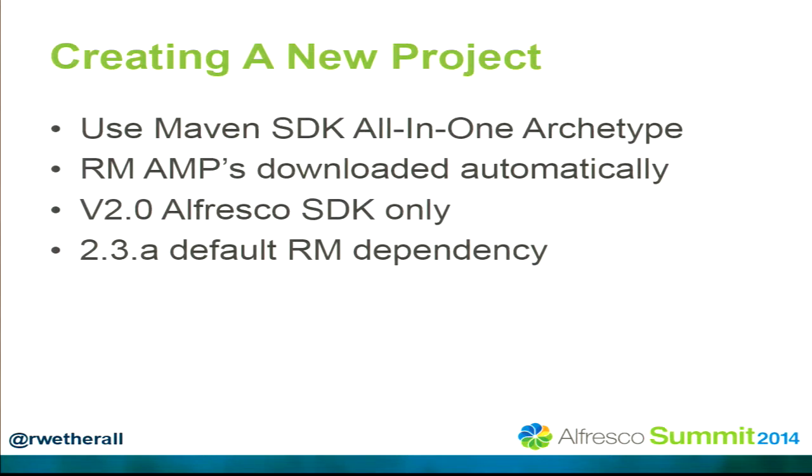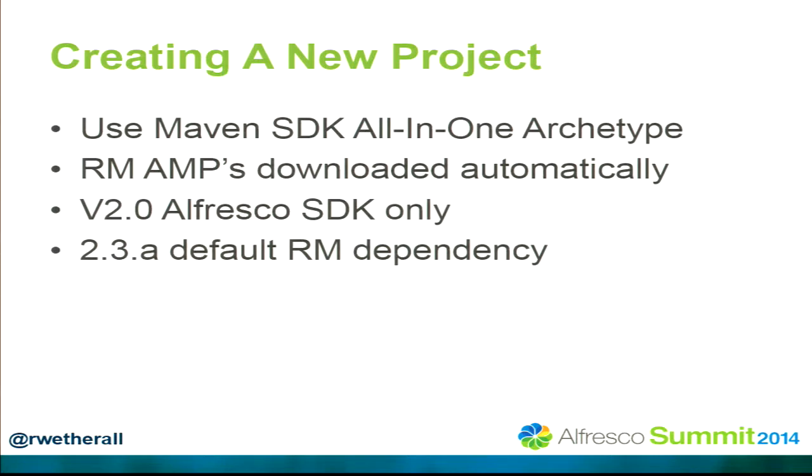The other piece that we're going to have a look at in a minute is that we also will retrieve the relevant RM amps for you and apply them during your build process. So that means if you're building custom RM code, you can use the Maven SDK to pull the wars down, apply the RM amps, and then apply your customization. So you basically don't have to do very much at all, is the idea.